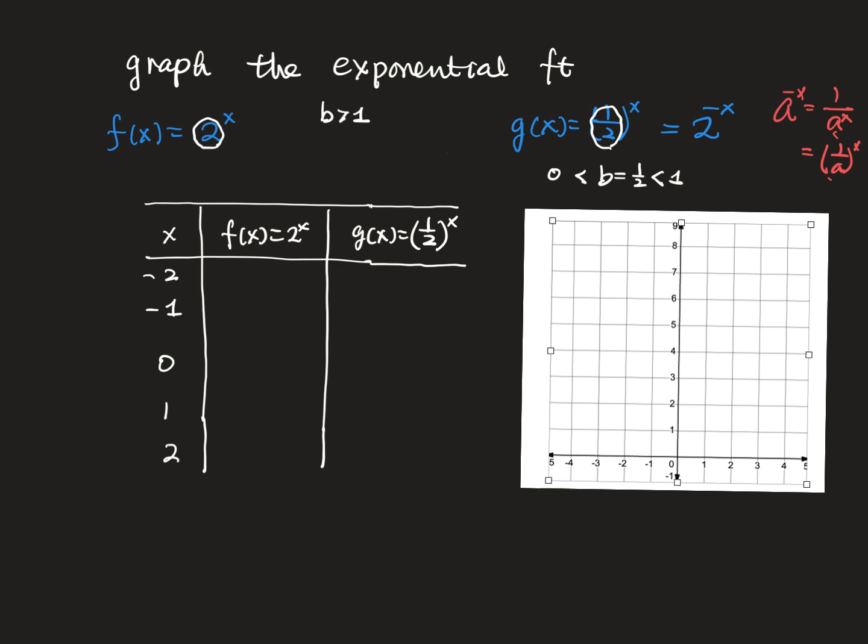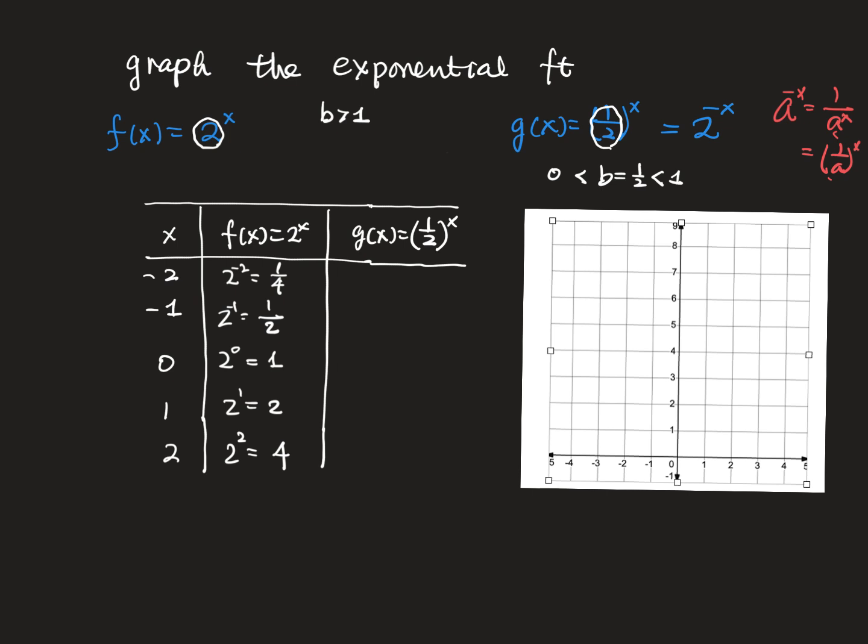So with 2 different bases, let's calculate. You can use a scientific calculator, and Google how to use it. Here is 2 to the negative 2. That's 1/4. Here is 2 to the negative 1, meaning 1 over 2. 2 to the 0 power is always 1, not 0. 2 to the 1 is 2. 2 squared is 4, right?